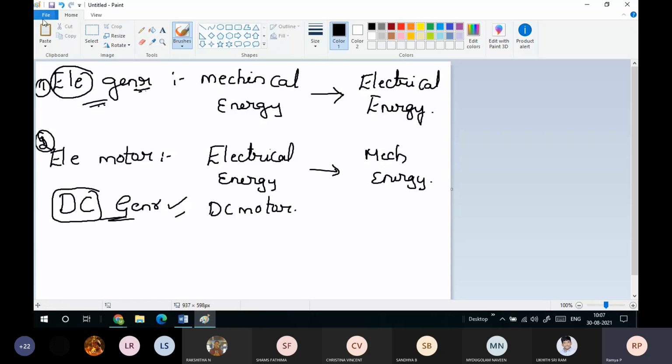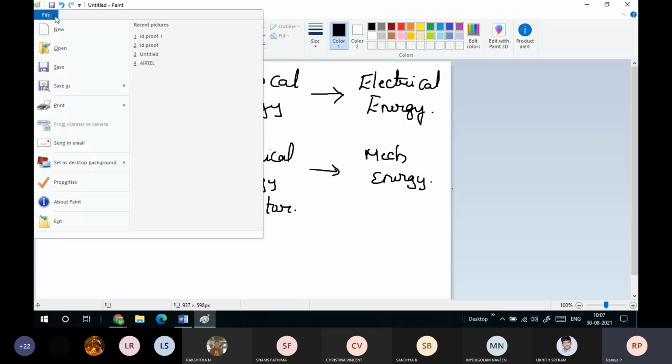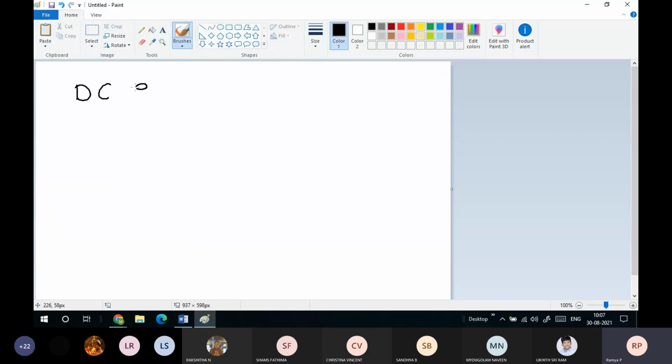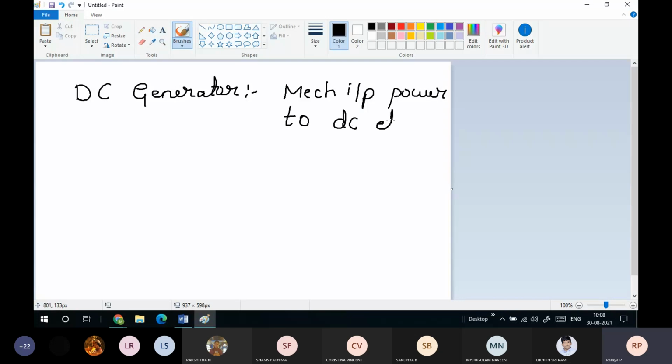So if you want to define what a DC generator is, the definition states that it is a machine which converts mechanical input power to DC electrical power.